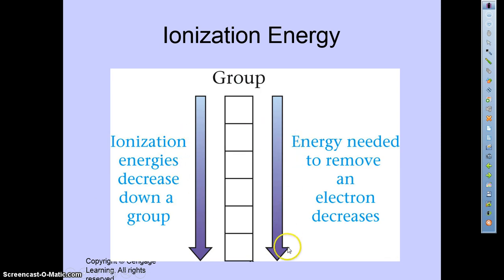The electrons are further away from the nucleus, kind of like a parent who has, let's say, instead of 2 kids, 1 for each hand to keep control of, 15 kids. The ones that are further away from them are harder to hold on to, easier to lose. So the energy needed to remove the electron decreases, therefore the ionization energy decreases down a group as well.